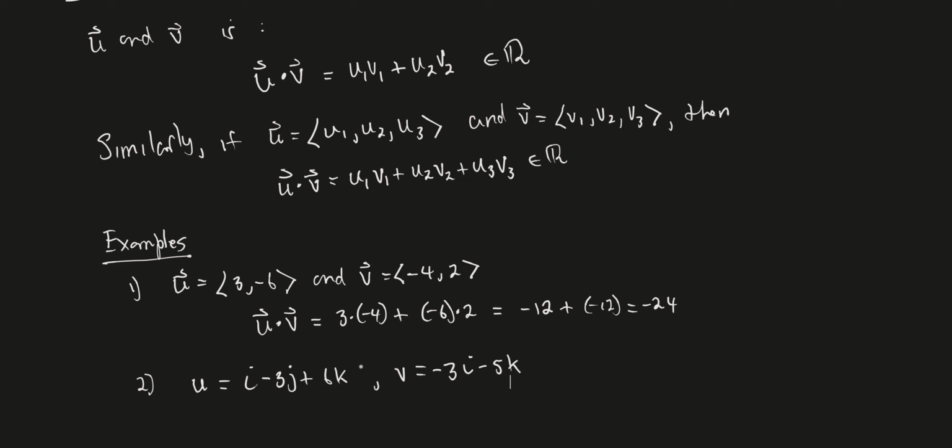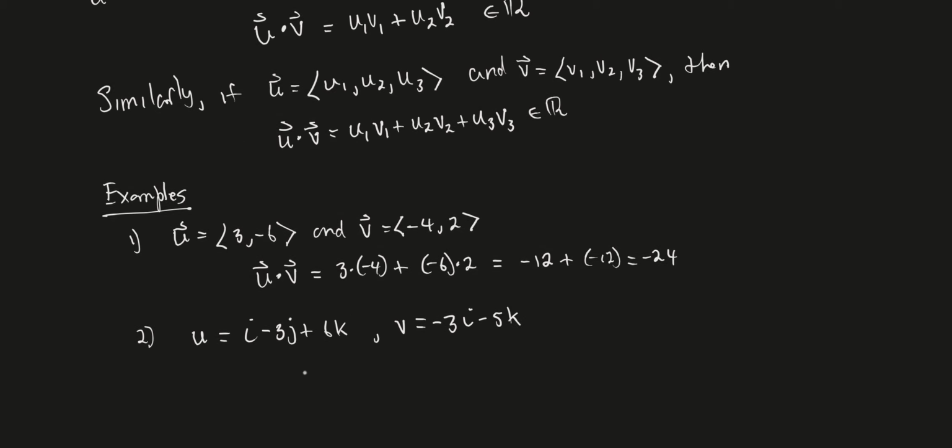So let's write down the dot product of these two vectors, u dot v. The first component of u is 1, and the first component of v is -3, so that's essentially u1 times v1.